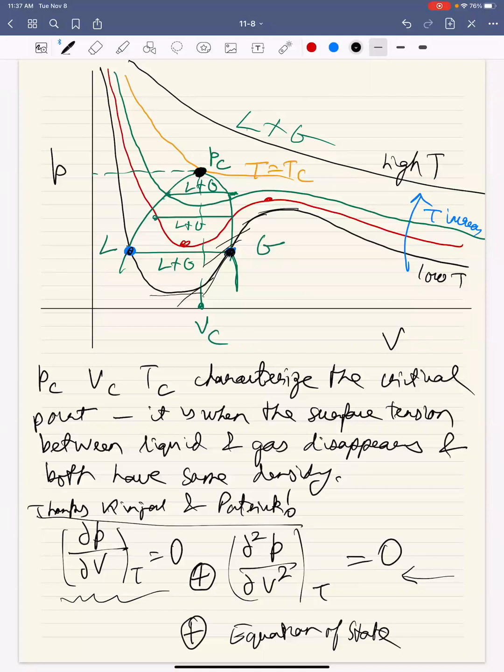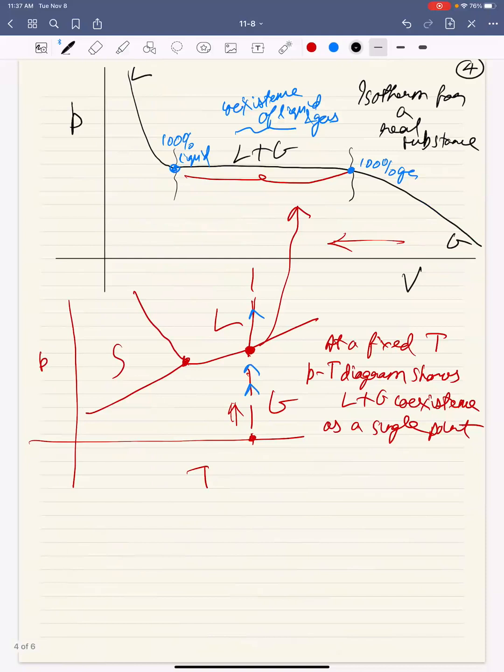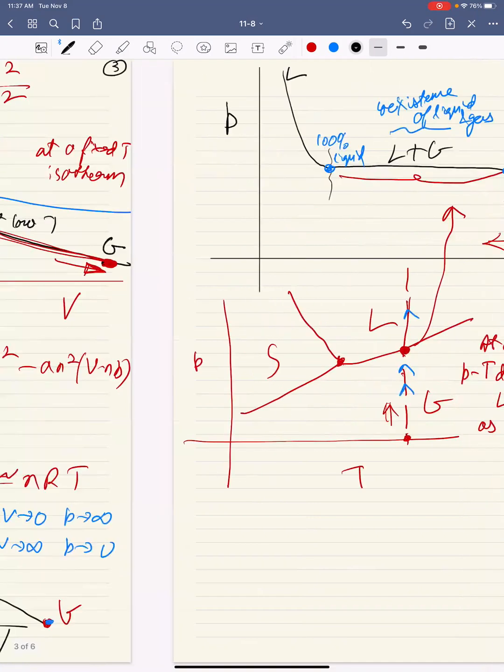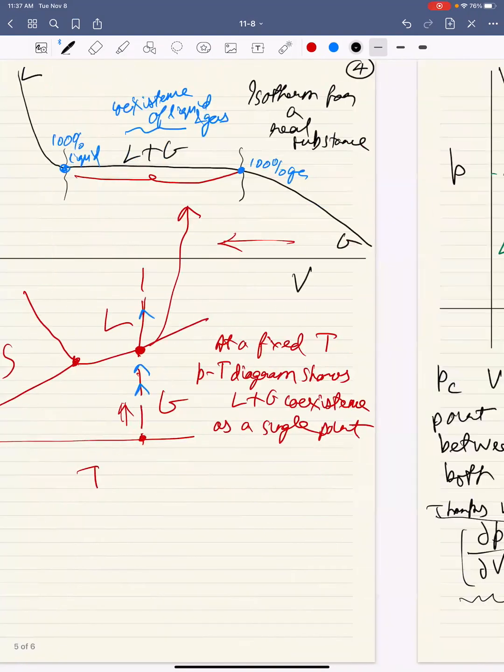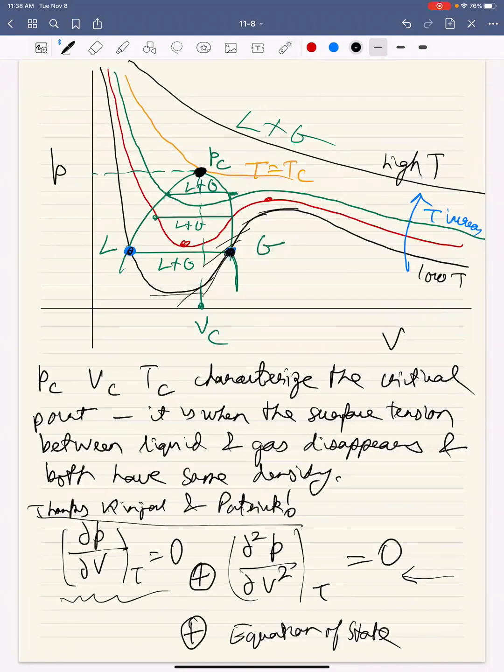Go ahead, Patrick. Can you go back one slide? So the L plus G coexistence region is different from L plus G in the Van der Waals, go to the last slide, those are half of the original one. Yes, if I had to be really accurate, I would draw it like this.